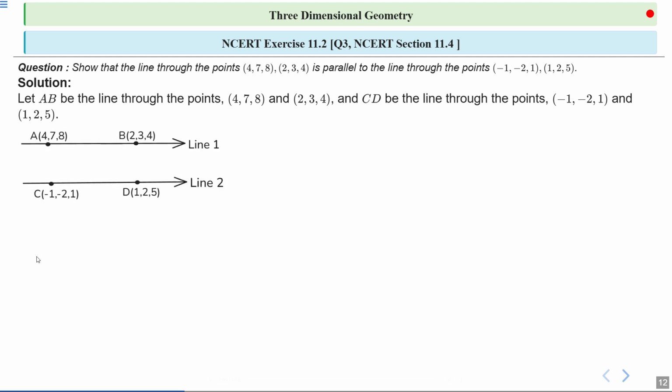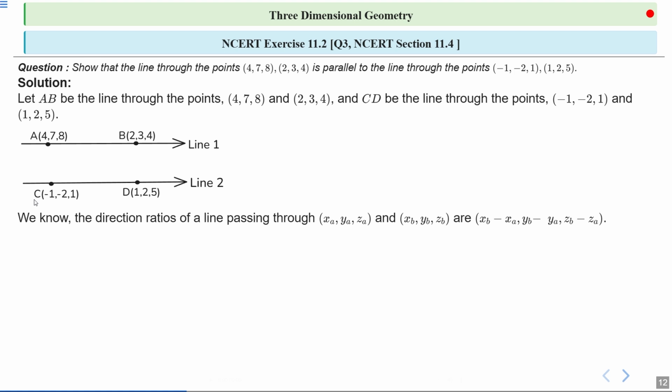In this diagram, line 1 is passing through the points A (4, 7, 8) and B (2, 3, 4). And line 2 is the line passing through the points C (-1, -2, 1) and D (1, 2, 5).